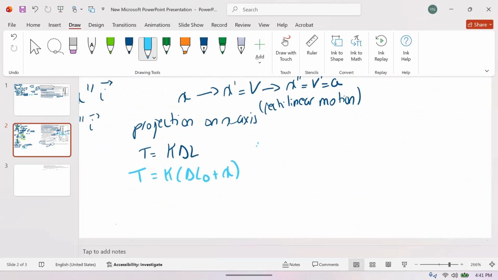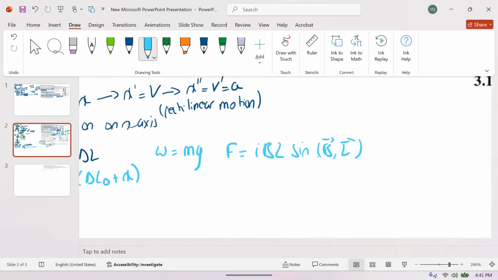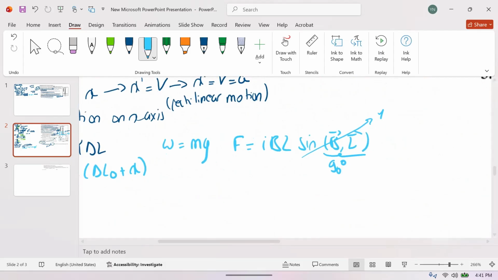What about W? W, it's mg. This is easy. F, it's I, B, L, sine of the angle between B and L. And since we use the right hand rule, we're forcing a 90 degrees angle. So B and L, it's always 90 degrees, the angle in between them. And sine 90 is simply 1, so we can simply get rid of sine. And F, it's IBL. But let me name it small l, because this is what we did for the previous questions.